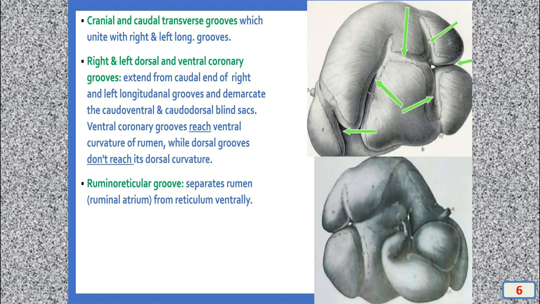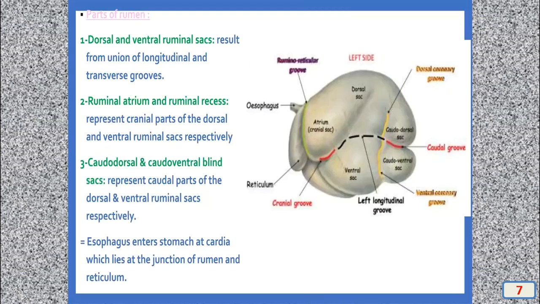So the anatomy of this is a very special thing, and the groove separates the rumen from the reticulum ventrally with the ruminal atrium. So here all the parts of the rumen have been described very well, and go through this.